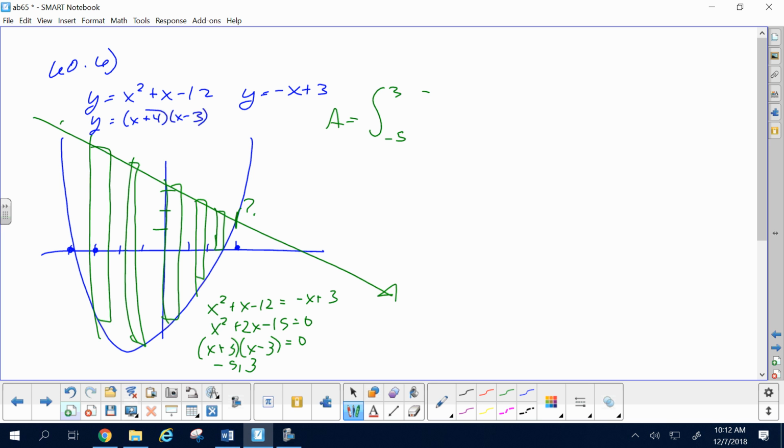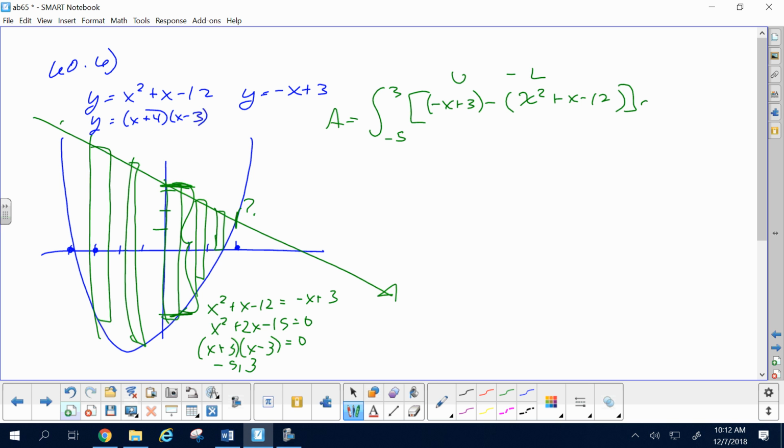Now the heights, that's from an upper point on the line to a lower point on the curve. This distance then is upper minus lower. What's upper? Is it the line or the parabola? It's the line. So negative x plus 3 in parentheses minus lower. That's the parabola in parentheses x squared plus x minus 12.